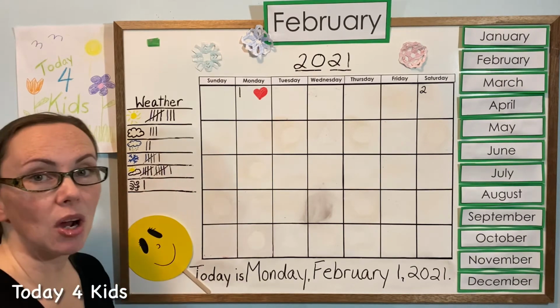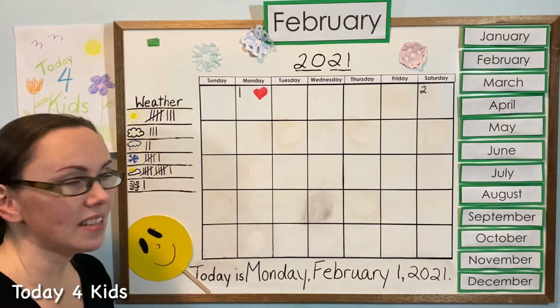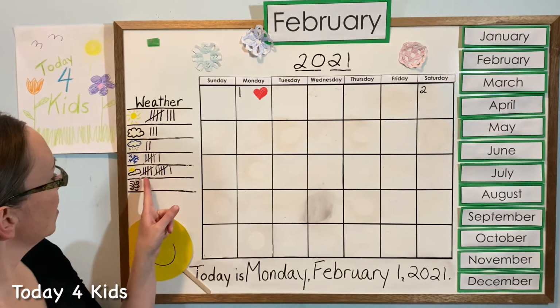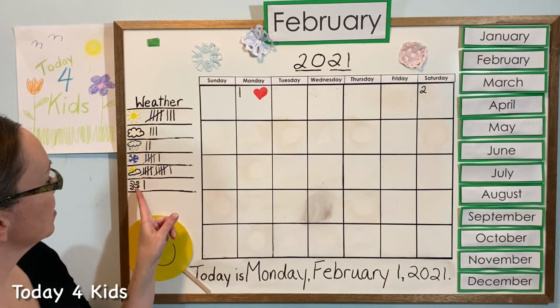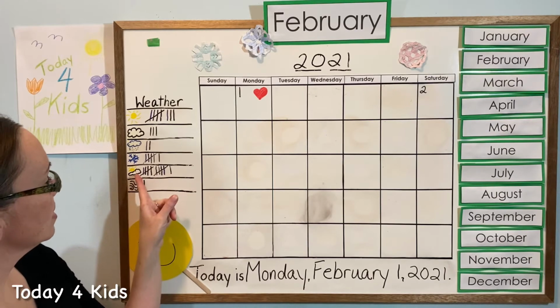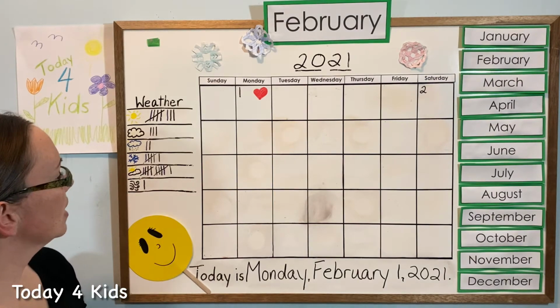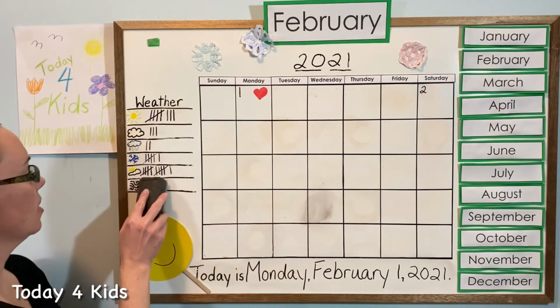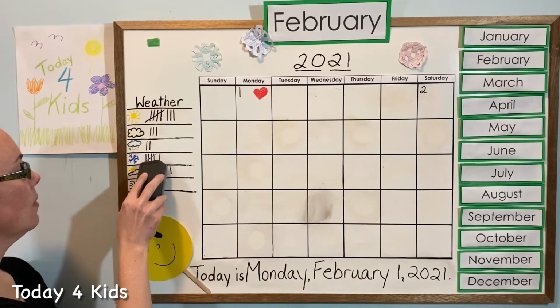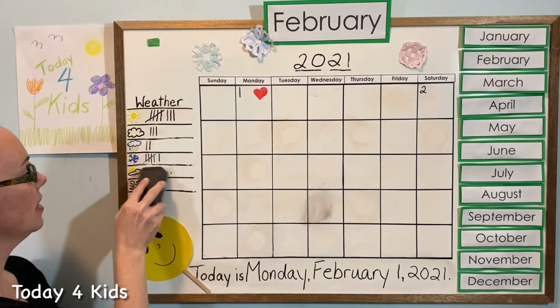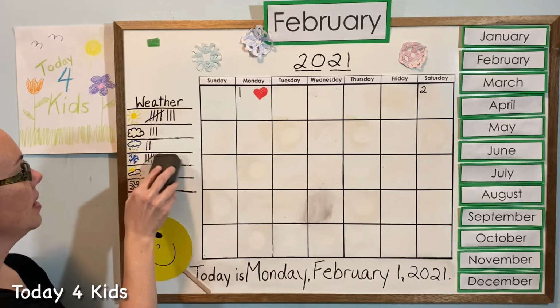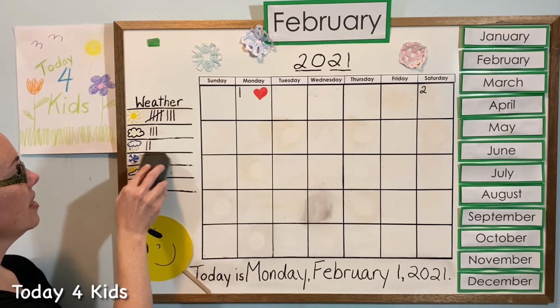We had 11 partly sunny days, partly cloudy days. So our least type of weather was windy and our most type of weather was partly sunny and partly cloudy. So I'm going to erase those out as well. That was neat to find out what kind of weather we had last month. And then we are going to discuss today.